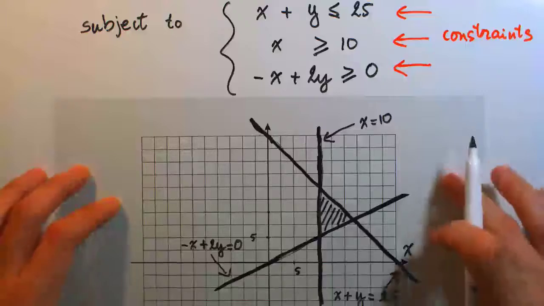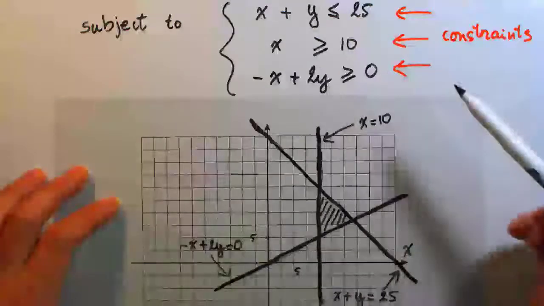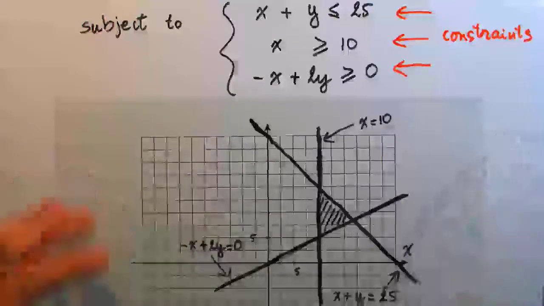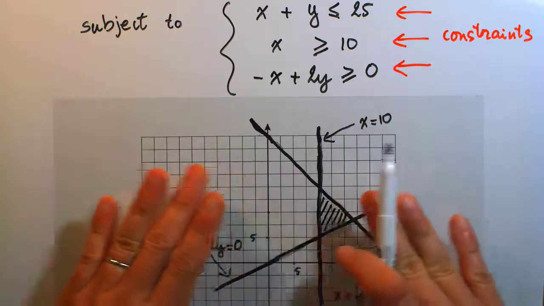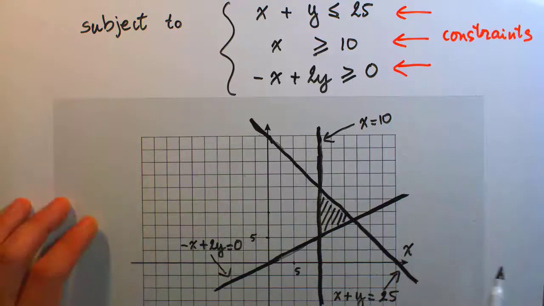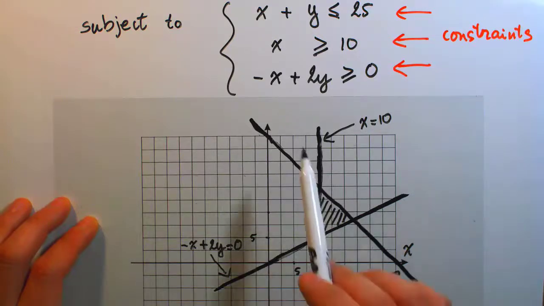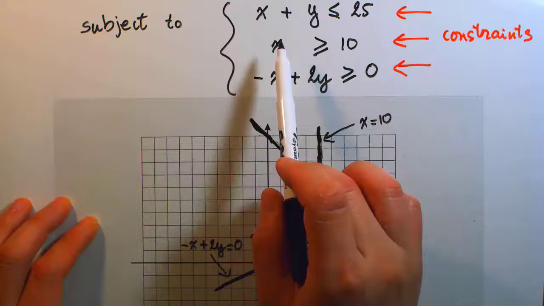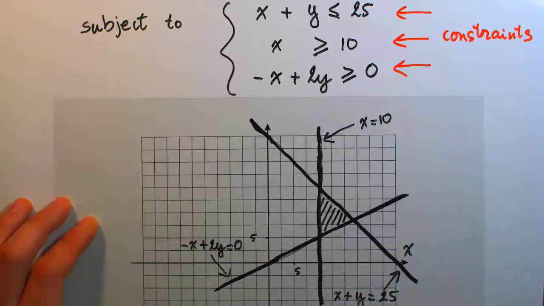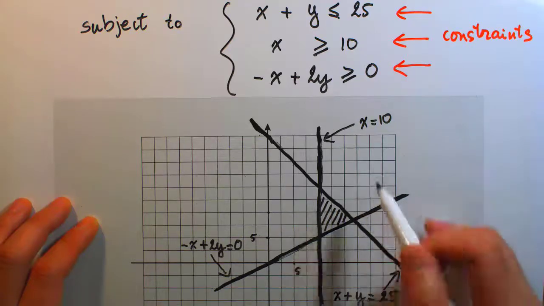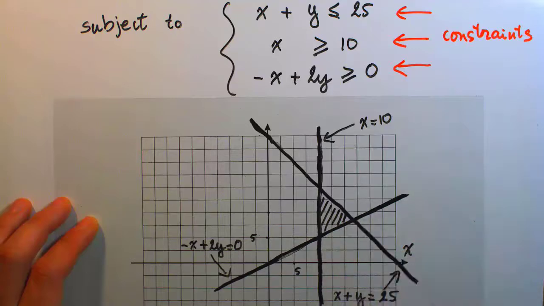And so the idea now is that instead of taking the entire domain, remember the entire domain of any linear function in two variables is technically the entire plane of x and y coordinates. But now, since we have constraints, and the good thing about constraints is that they limit things down, all constraints together limit our input pairs of values to within this region only.